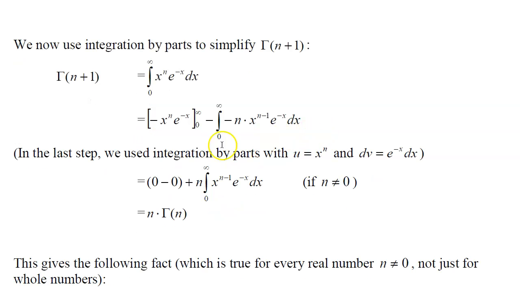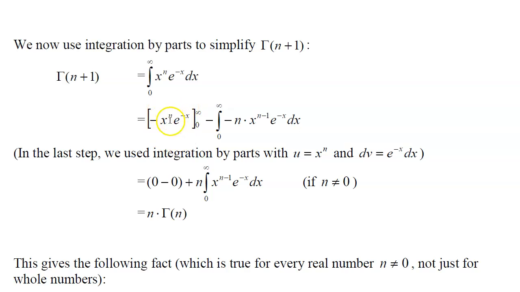But notice what happens. Well, notice here we have a negative negative, that becomes a plus, and this n can come out front. And what we have here, it turns out that if you plug in 0, you're going to get 0. Okay, if you plug in infinity, it's not quite so clear. It's almost like you have infinity to the n over e to the infinity with a negative out front.